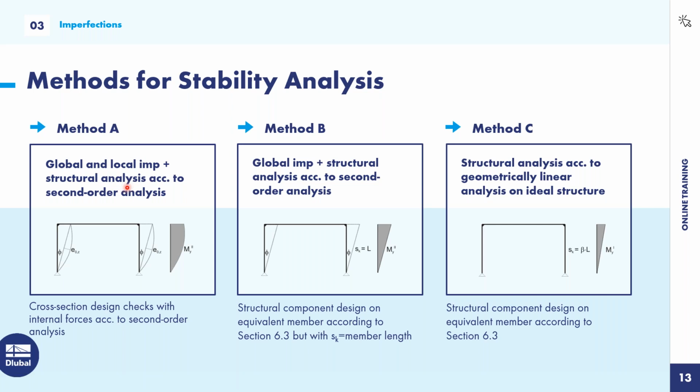The way of performing this design check is only the cross-section design. So in order to consider the stability, we only do a cross-section design check with internal forces according to second order analysis. So this is the one extreme. The other extreme is method C. Here we don't need to consider any second order effects. Here we refer to the equivalent member method.